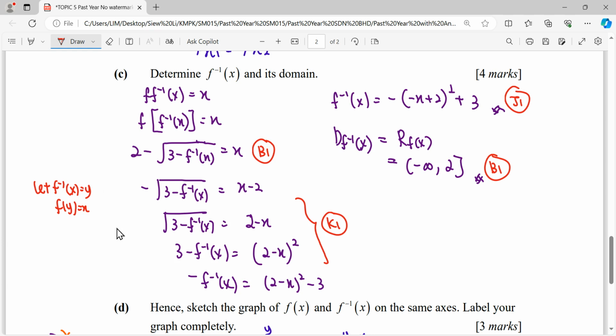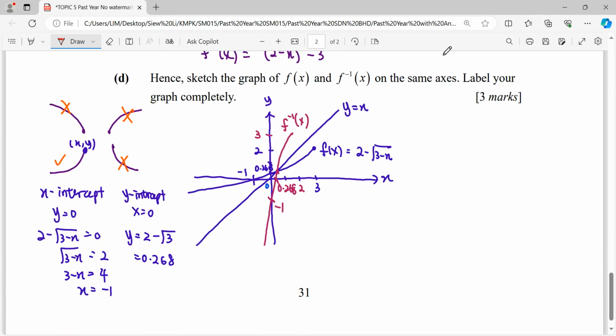Some students don't write this step clearly, and suddenly just write the function equals x. That also needs to be avoided, so you have more procedure and clearer steps in your working. We recommend finding F inverse using the composite idea, not this SPM idea. Alright, so continue.